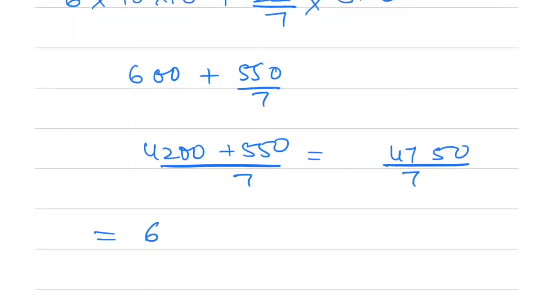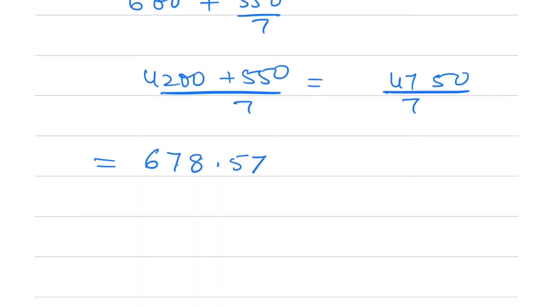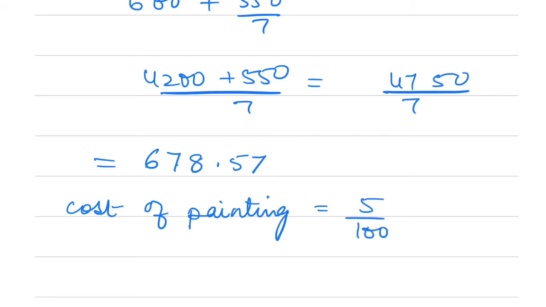6 times 42, 55. 7 times 49, so 60. And 8 times 56. Then we have 40, 35, 57. This is the total surface area, and we have to find the cost of painting. This is equal to 5 rupees per 100, that's rate, into area.